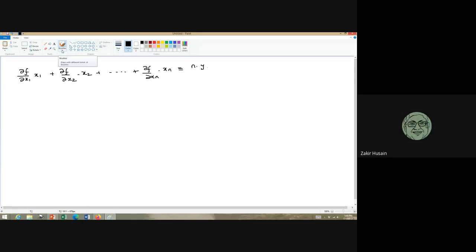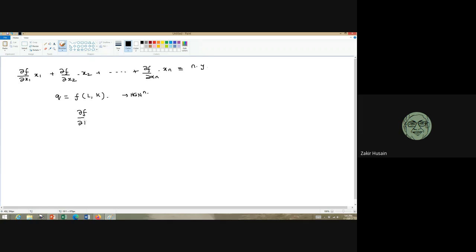Okay. Now the question is that suppose we are taking a production function. In that case, how do we write this? And this is, let us say, homogeneous of degree n. So what is Euler's theorem for this two variable production function?